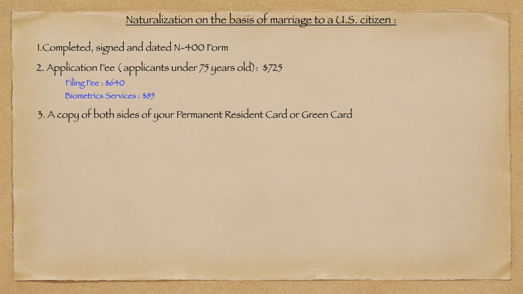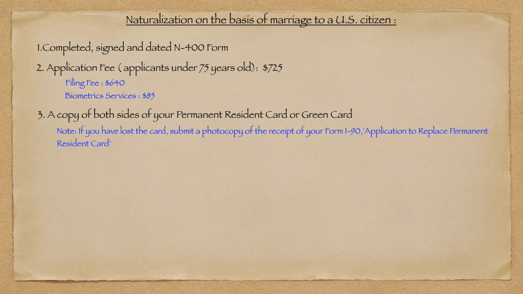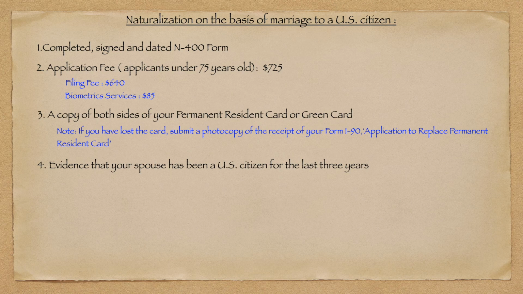If you lost your green card, just submit a photocopy of the receipt of your Form I-90 application to replace the permanent resident card. And then evidence that your spouse has been a U.S. citizen for the last 3 years.